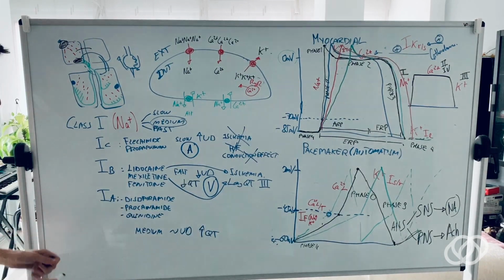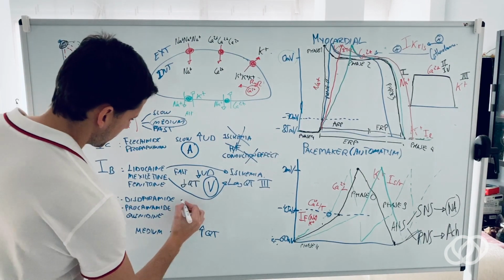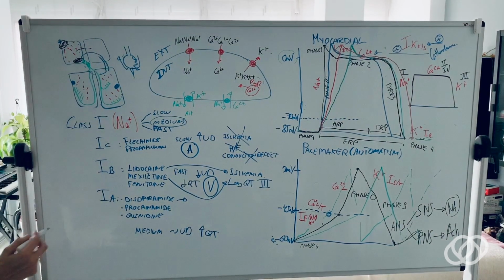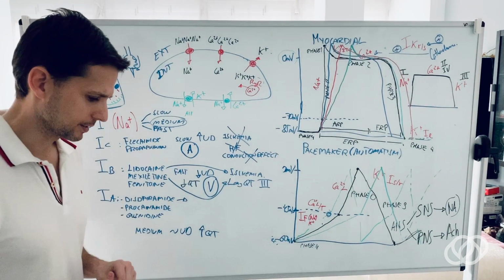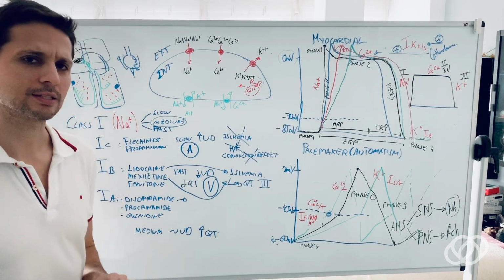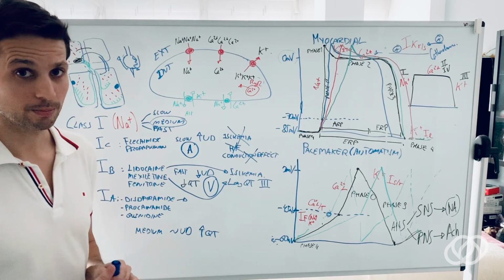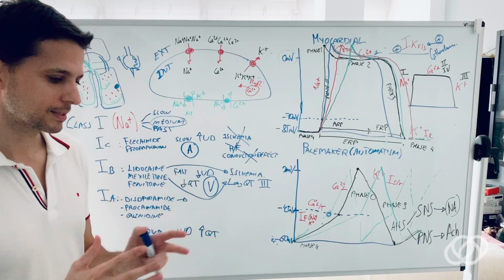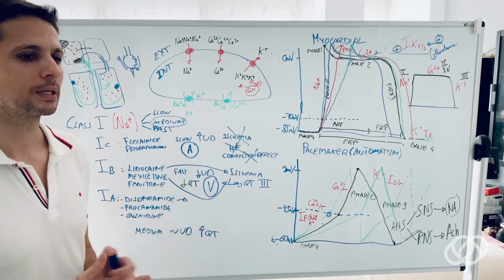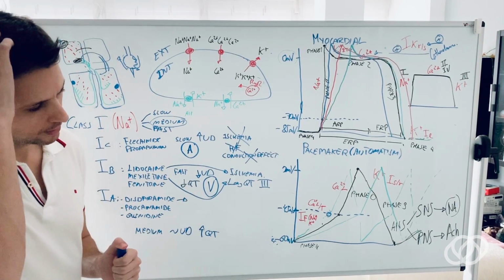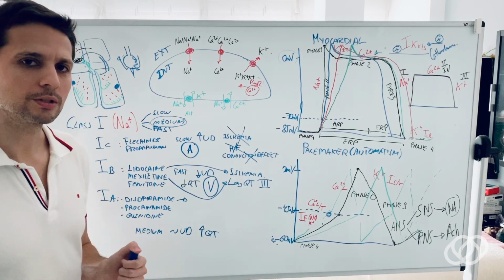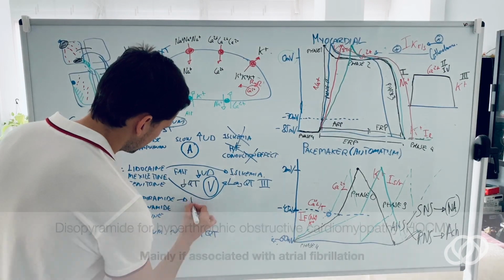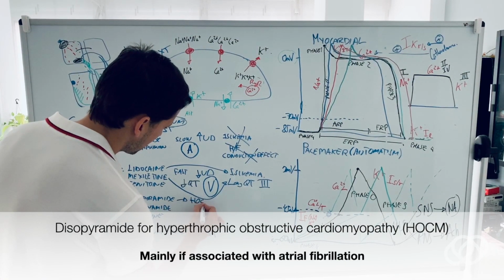And we are going to use mainly disopyramide, because disopyramide is special in the sense that it has some negative inotropic effect. Negative inotropic effect means that it makes the heart beat a little bit weaker. We use it for hypertrophic obstructive cardiomyopathy.